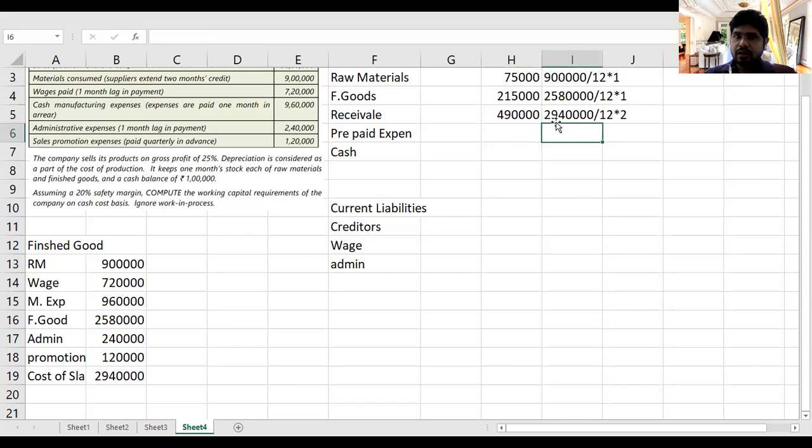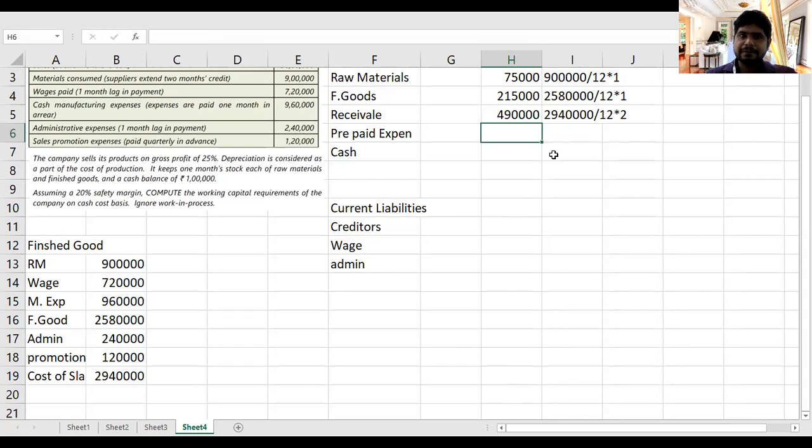And how much prepaid expenses? Prepaid expenses. It's 1 month, no? Sales promotion expenses paid quarterly. Quarterly means how many months? A quarter? 4 months?